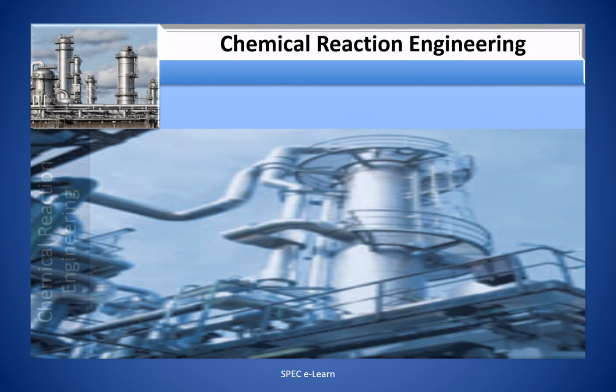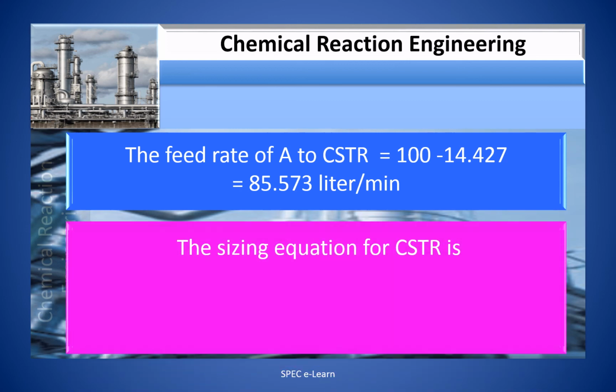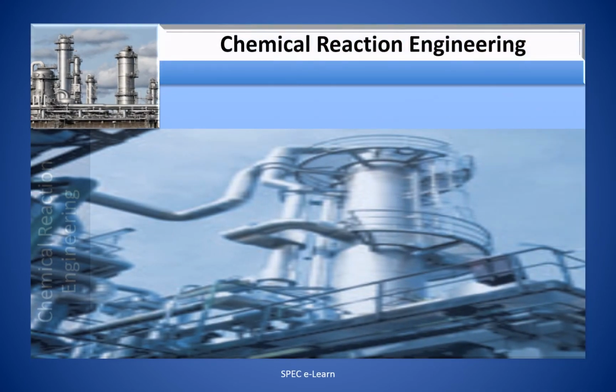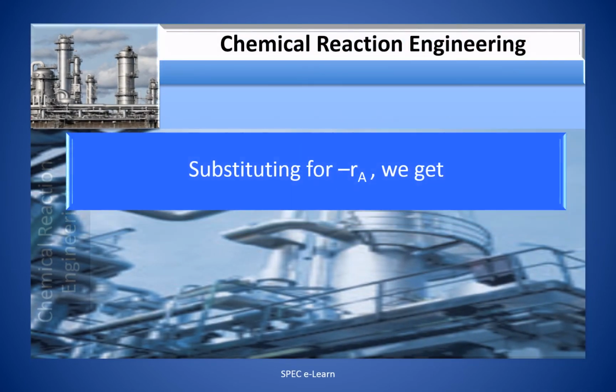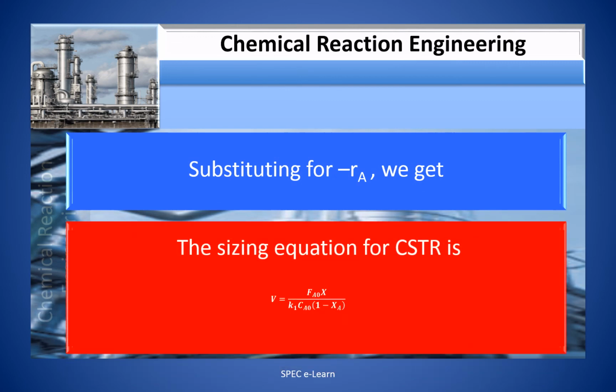The feed rate of A to CSTR equal to 100 minus 14.427, which works out to 85.573 liter per minute. The sizing equation for CSTR is V equal to Fa0 times X divided by minus Ra. Substituting for minus Ra, we get the sizing equation for CSTR, which is V equal to Fa0 times X divided by k1 times Ca0 times (1 minus Xa).